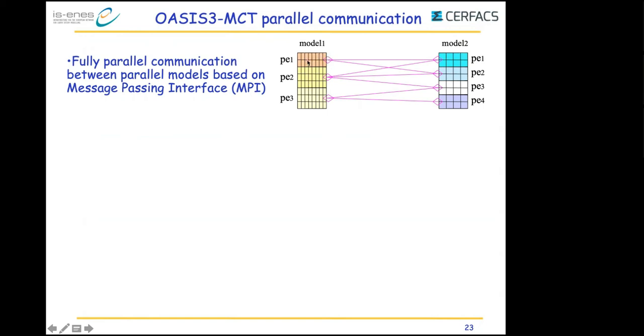Each process treats a part of the coupling field, declares its part and sends its part, and it is the OASIS3-MCT library, based on MCT, that automatically calculates the redistribution patterns and performs the redistribution of the data to the target model.